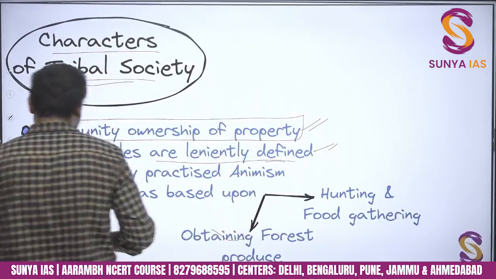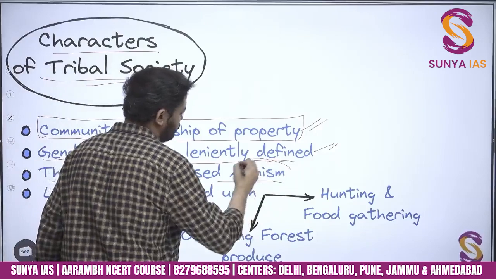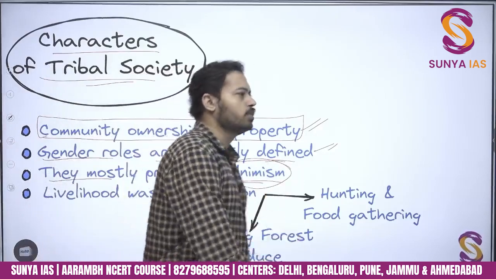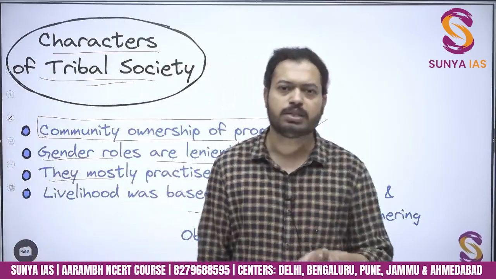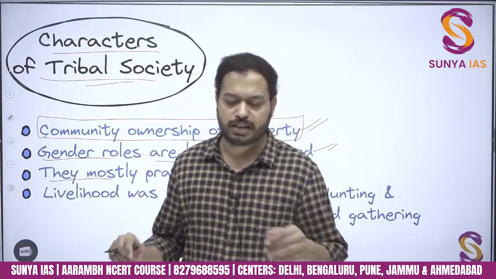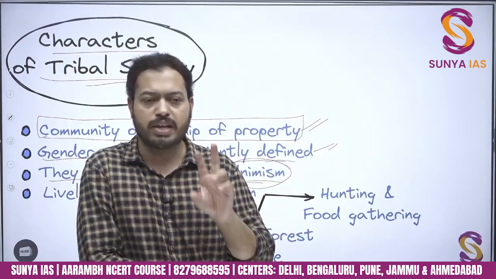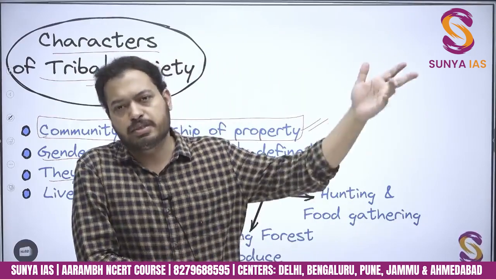Okay, they mostly practiced animism, and animism, for those students who don't know, is a kind of religion only. For the British understanding back in the 18th and 19th century, when they didn't understand any specific kind of religion, they called it animism.